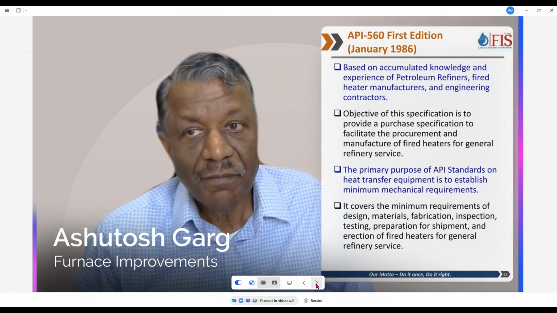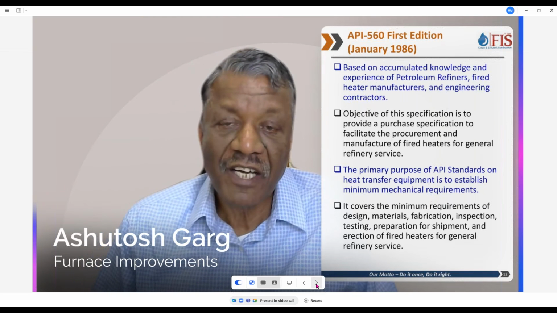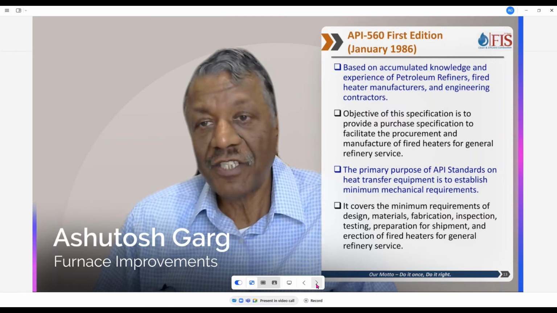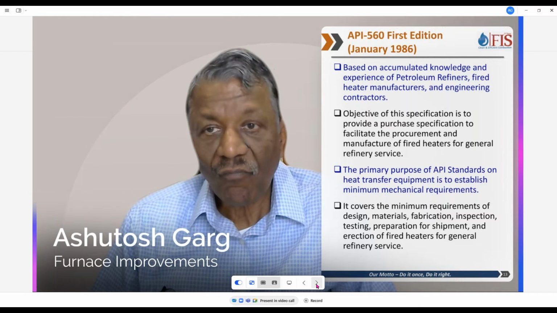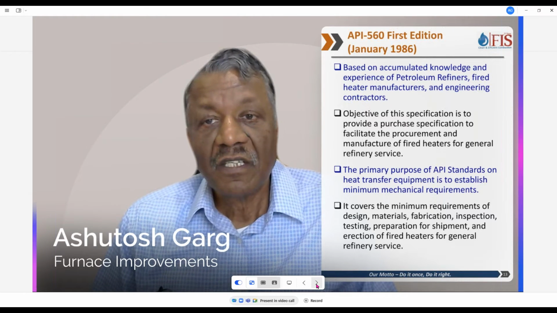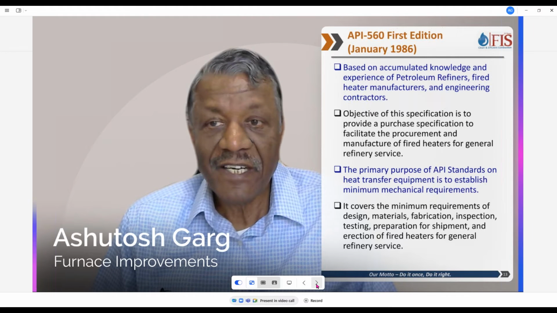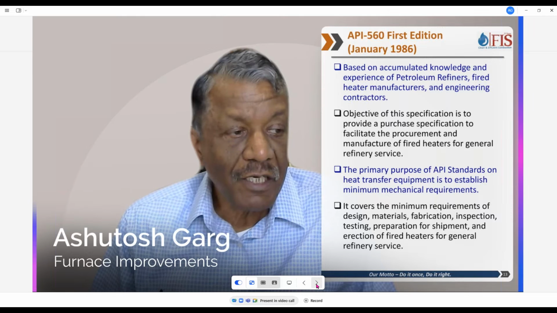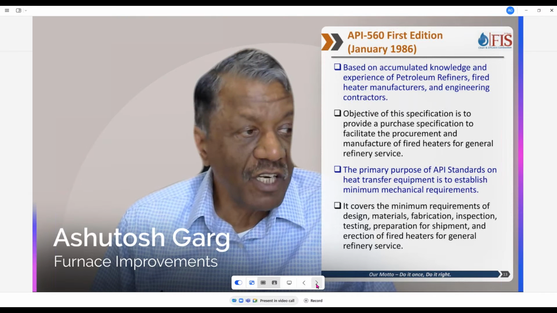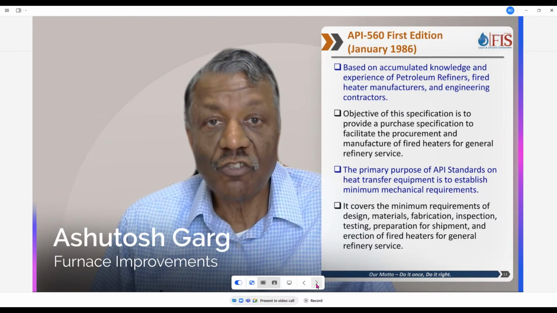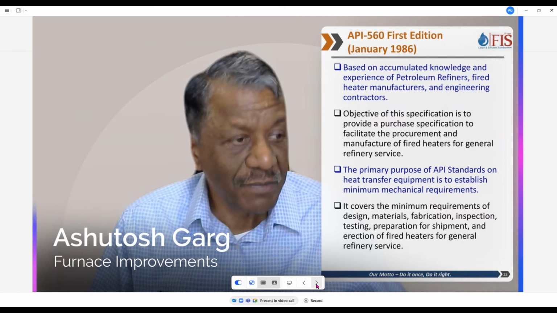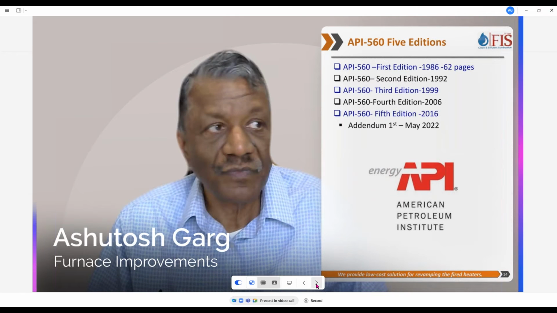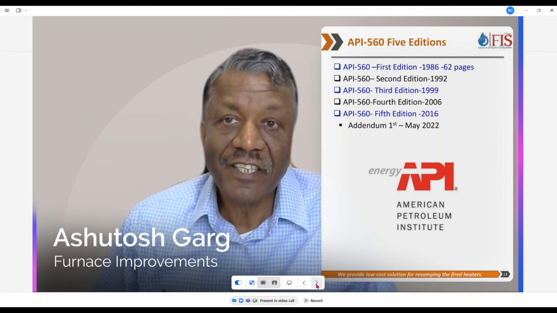It covers the minimum requirements for design, material, fabrication, inspection, testing, shop assembly, and erection of fired heaters for general refinery services. So all in all, API 560 is an excellent document, very well respected in the industry.